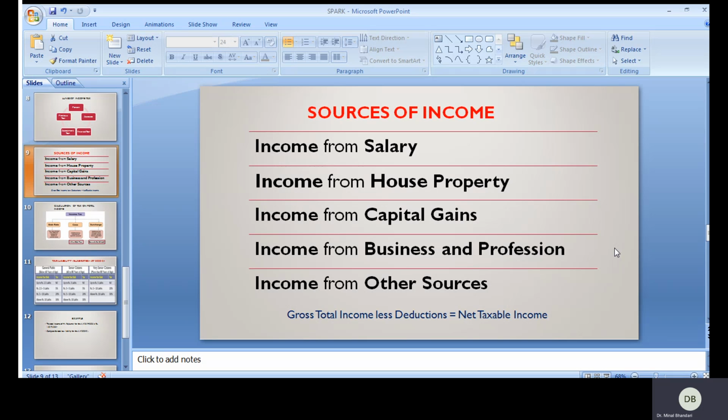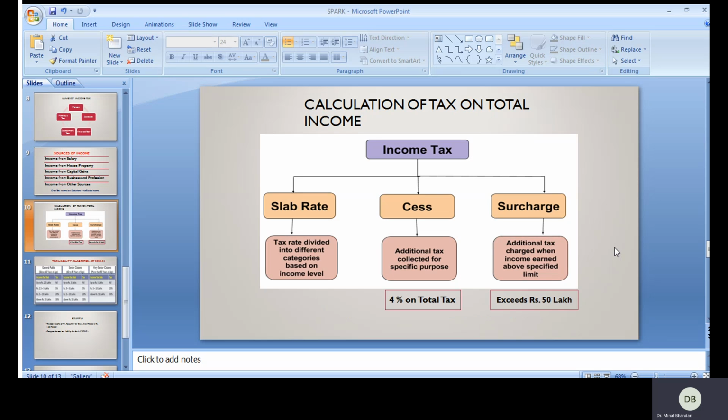Various deductions are allowed under section 80, and if we are eligible, then we get the benefit of deduction, and the remaining amount is called the net taxable income.